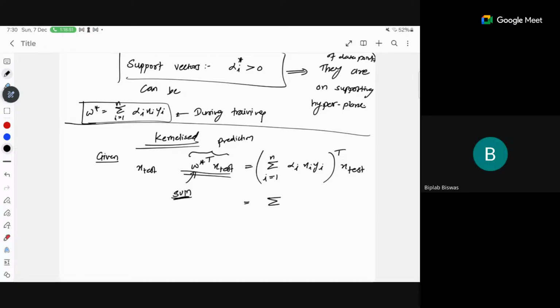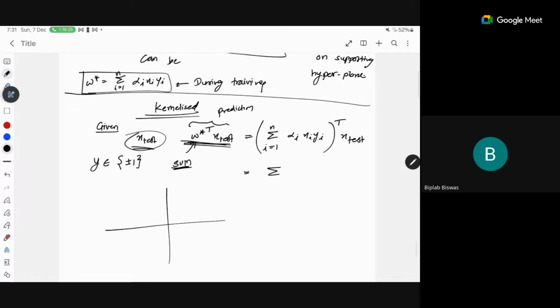Y hat, or rather y test, the prediction, basically the label for X test. I'm interested in the labels, plus or minus one. What I do is I take W star transpose X, see which side it is lying on, and whatever side it is lying on, I say that is the label for that X test. You understand?